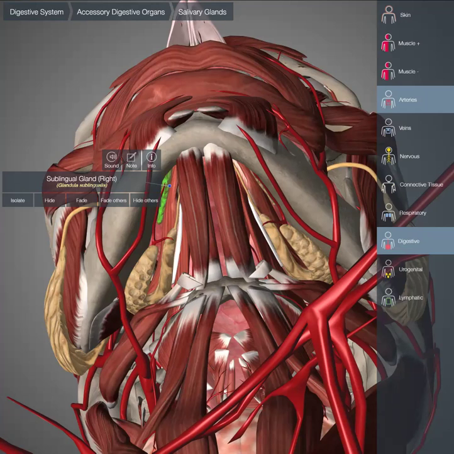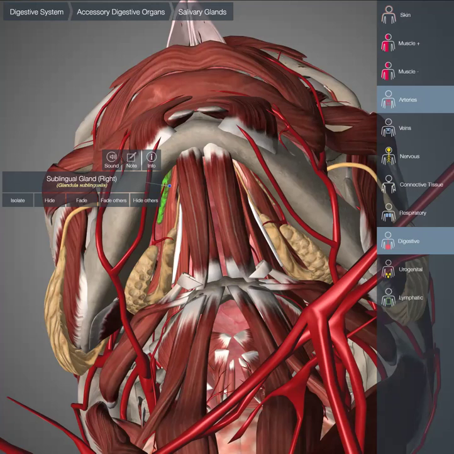So it is the smallest, most deeply located, laterally has the mandible, medially has the genioglossus muscle, and is almond shaped. It has a sublingual duct that drains the contents from it into the mouth, near a place called the sublingual fold.